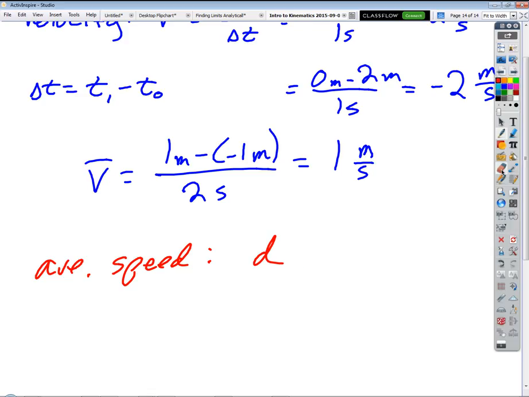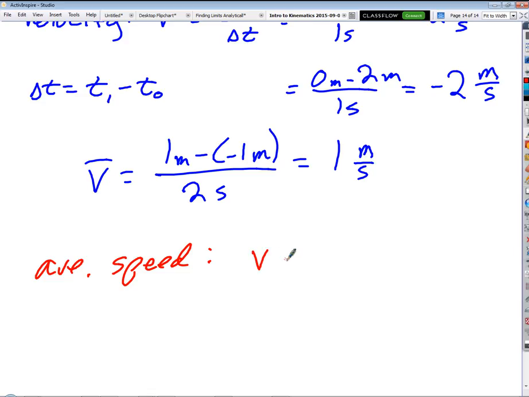Of velocity. So it's V without the vector hat. And it's equal to distance over time. Okay, total distance over time. Right? Make sense? Okay. Can speed and velocity be the same thing?